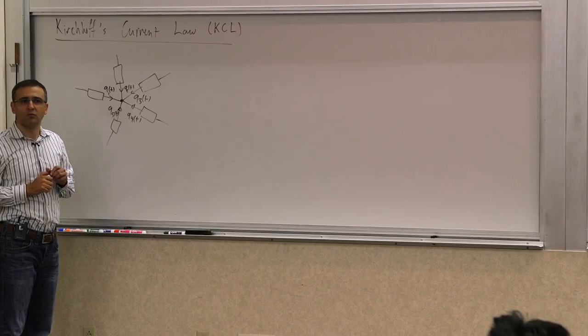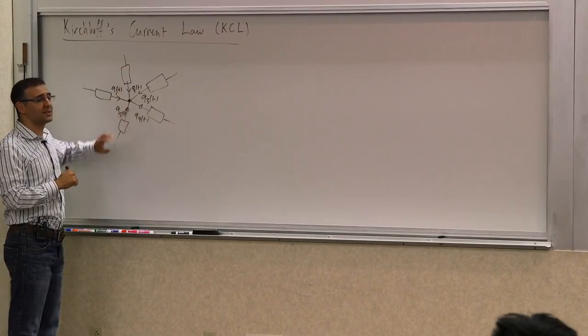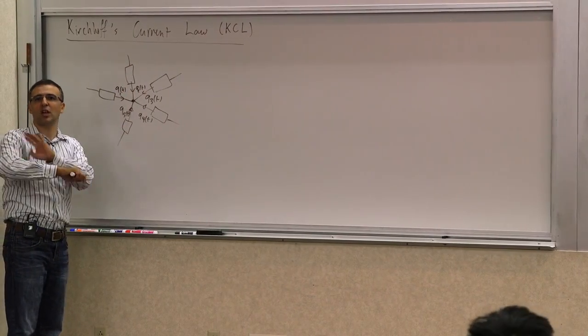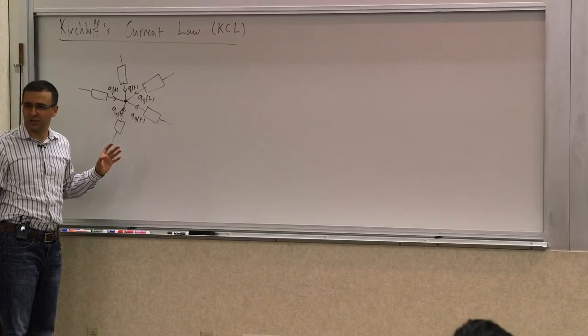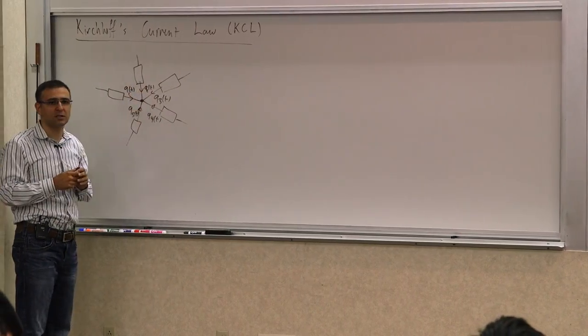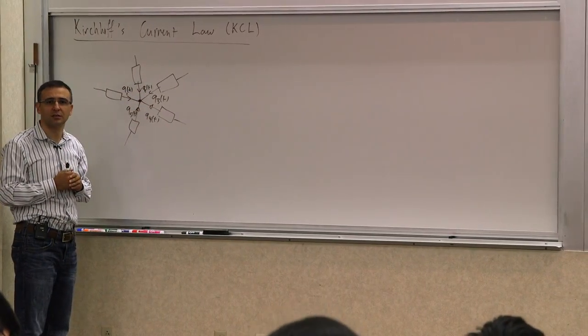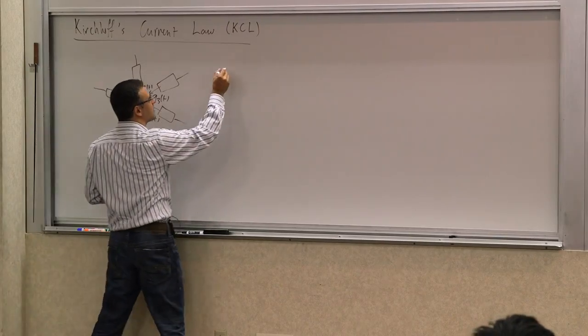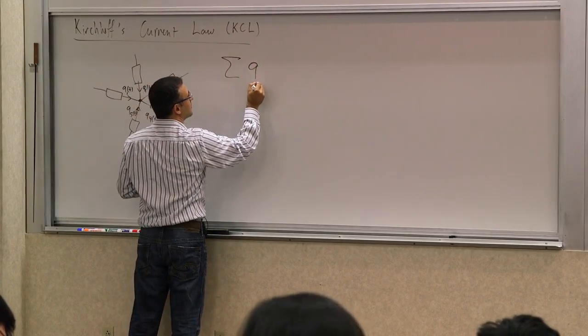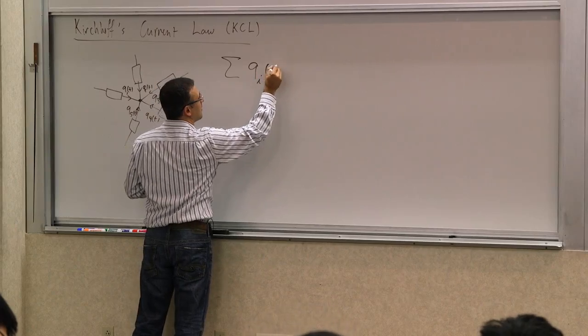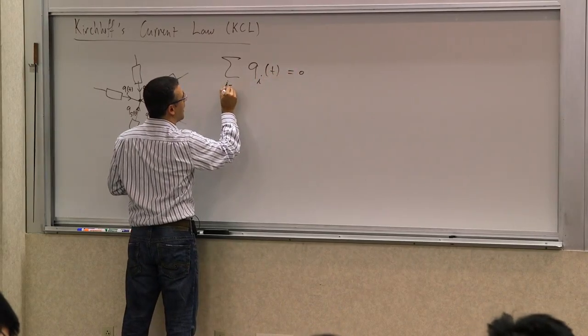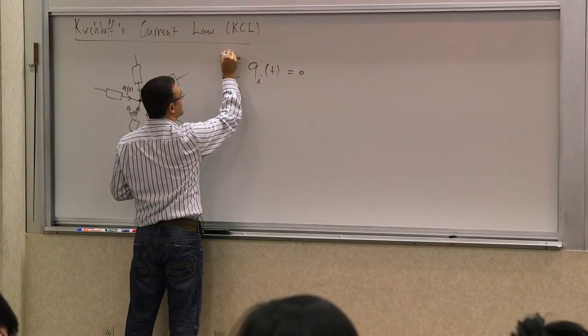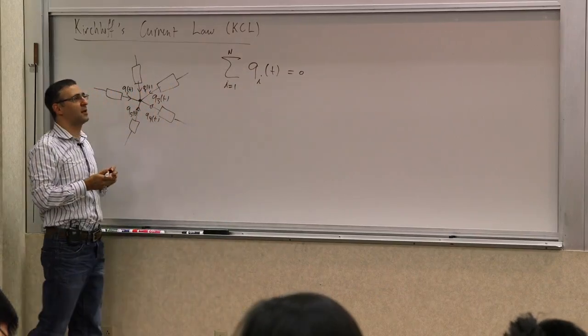So if this were not a circuit, if this was a general structure, could I say something about the sum of all these charges? Could I say that the sum of these charges is 0 for i equals 1 to n, where n is the number of these things?